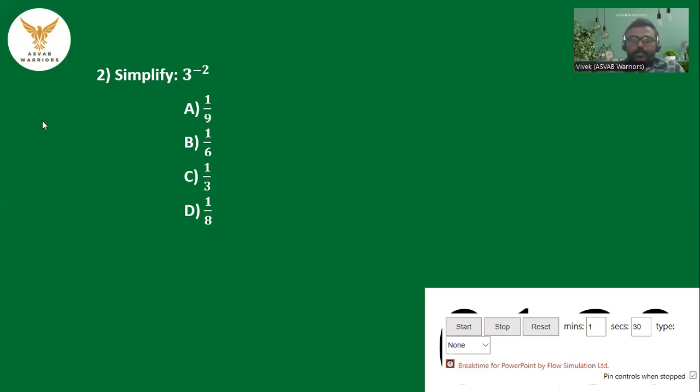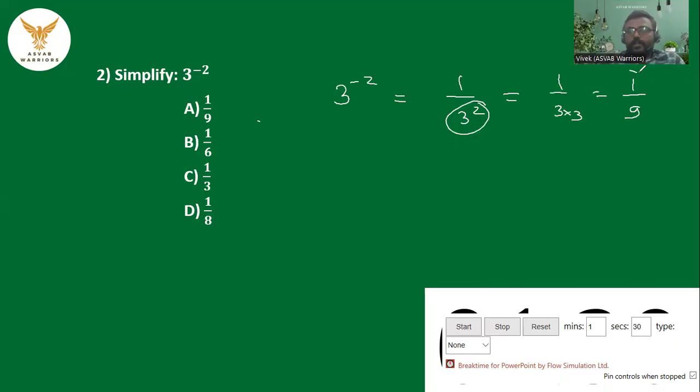So how do we do it? We basically take 3 to the power minus 2, which would be nothing but 1 over 3 to the power 2. And 3 to the power 2 is what? 3 multiplied with itself 2 times. So 1 over 9 will be your answer.